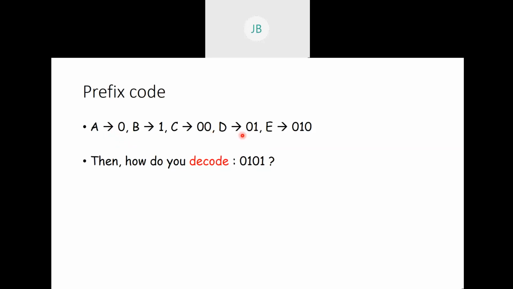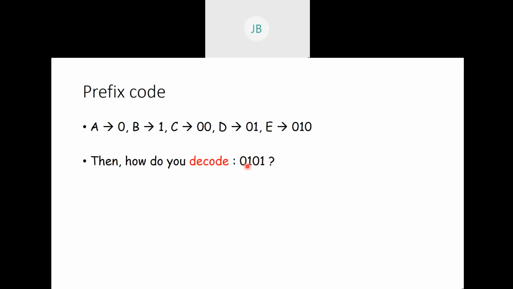For example, when you see 0, do you consider it as A? Next you see 1, you consider it as B. Next you see 0, okay, maybe again A. Next you see 1, that means B, so it is A, B, A, B. Is it right? Okay.